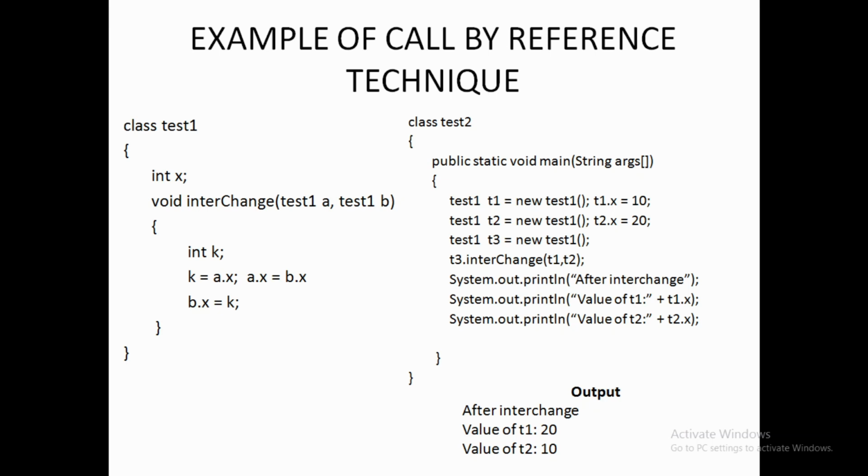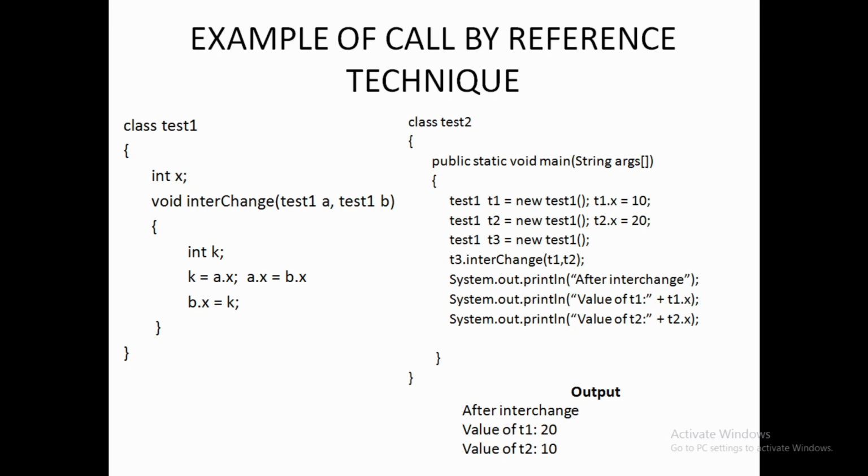Here I have shown an example where function call by reference is used. Instead of simple variables or values, I have passed two objects of the class test1, as you can see here.